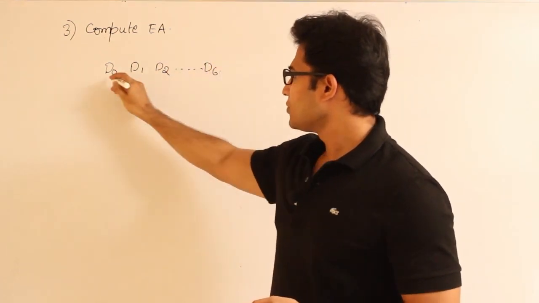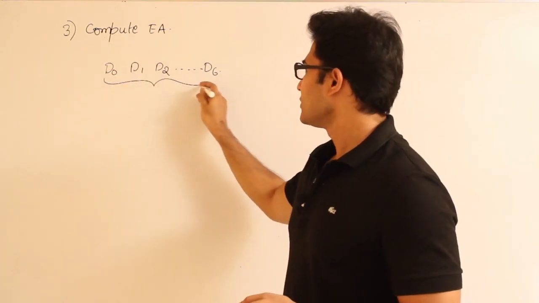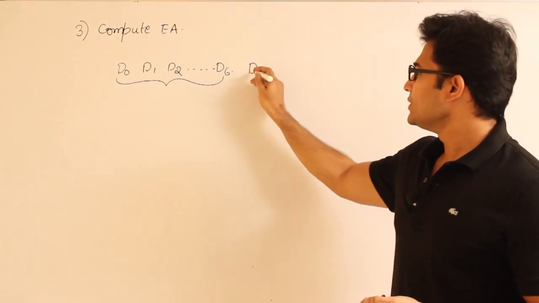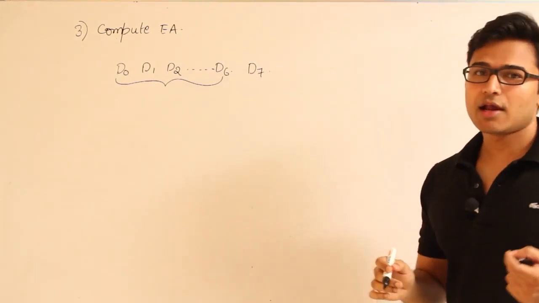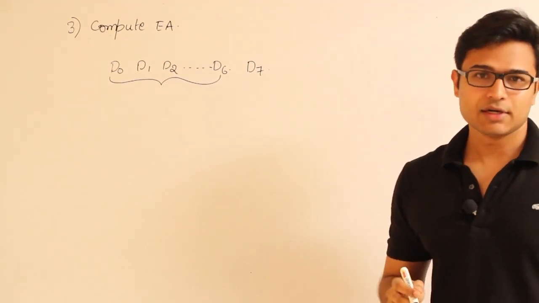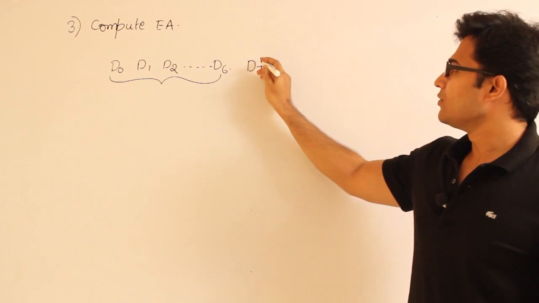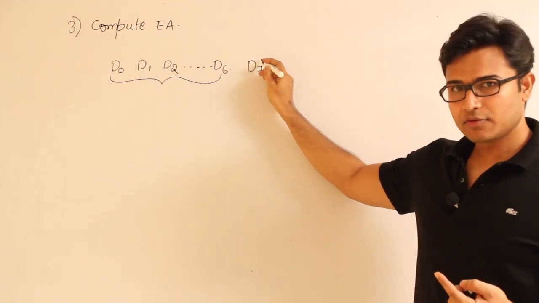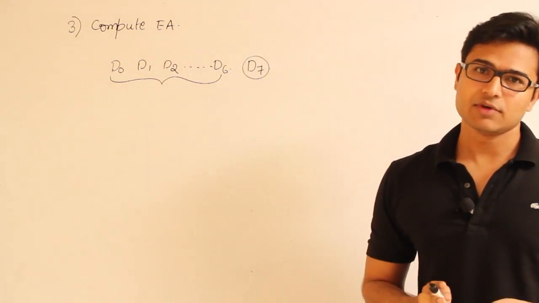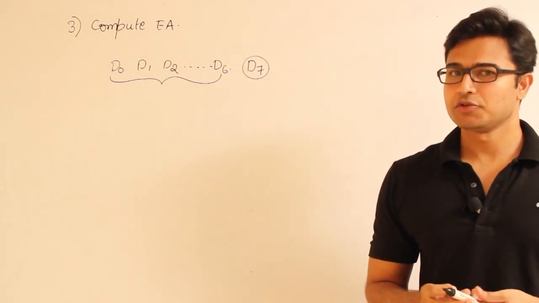So D0 to D6, we have already decided that these are all memory reference instructions, and if it is D7, they are either IO related instructions or register related instructions. Therefore, if D7 is 1, we need not execute this phase at all. We can skip this phase and directly go to the execution phase.